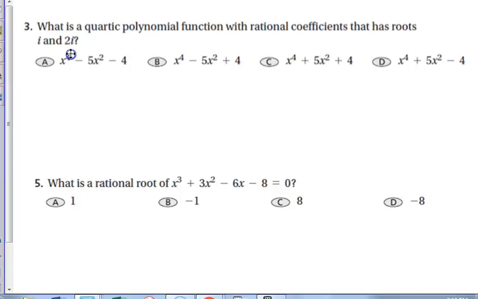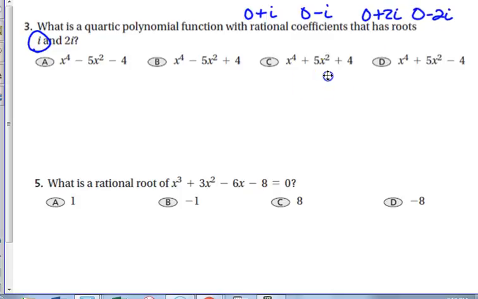This number 3 is kind of icky, but it's doable, honestly. If you have a 0 at i, what else has to be a 0, guys? Yeah, because that's like a 0 plus 1i, so 0 minus 1i has to be a 0, because complex zeros come in conjugate pairs. Remember that part? Okay. So if 2i is a 0, then 0 minus 2i, or just negative 2i, is also a 0.